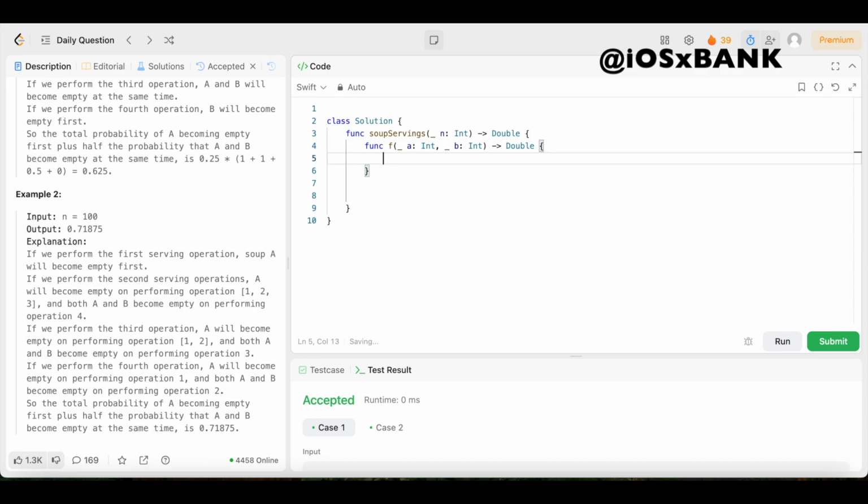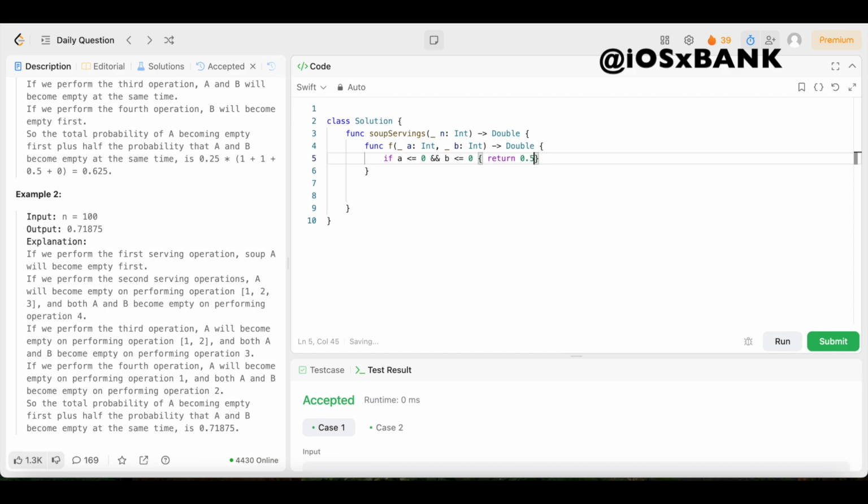Boom. Now we need to create a base case for if both soups empty at the same time. That means our probability will be 50% or 0.5, like we discussed earlier. So we're going to handle that and say if A is less than or equal to 0 and B is less than or equal to 0, then we can open up the brackets and return 0.5.